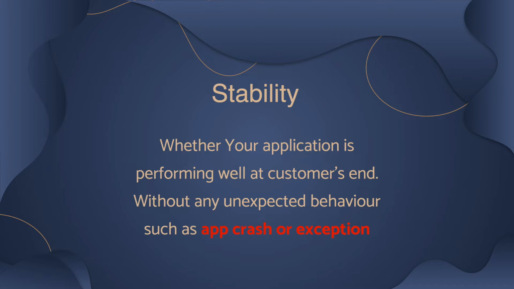That may be working for my machine or my device, and that may or may not work at customers' end. Customers may have different phone, different OS, different OEM. So how to ensure the stability?